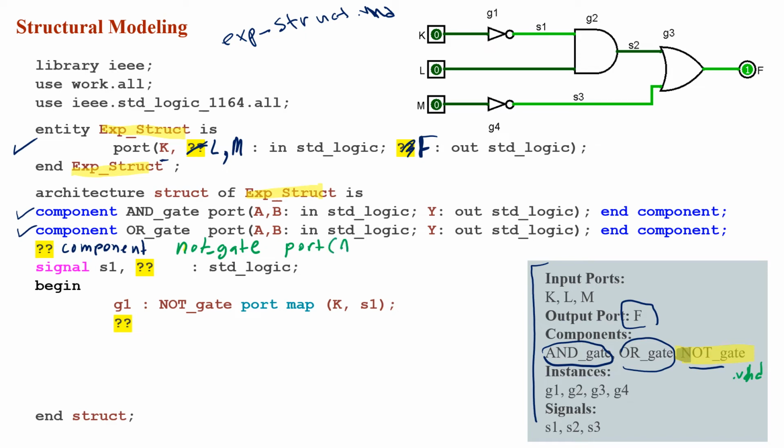with A being its only input, colon in, and it's a single bit, so I'll say standard underscore logic, semicolon, because I want to now list the output. I have a single output, colon, it's an output, and it's also a single bit, standard logic.